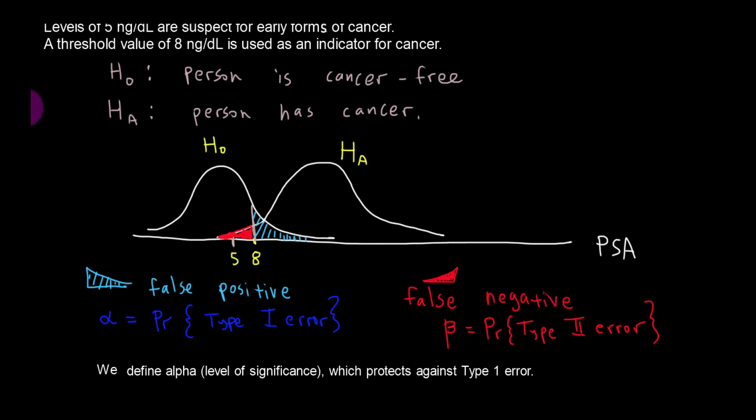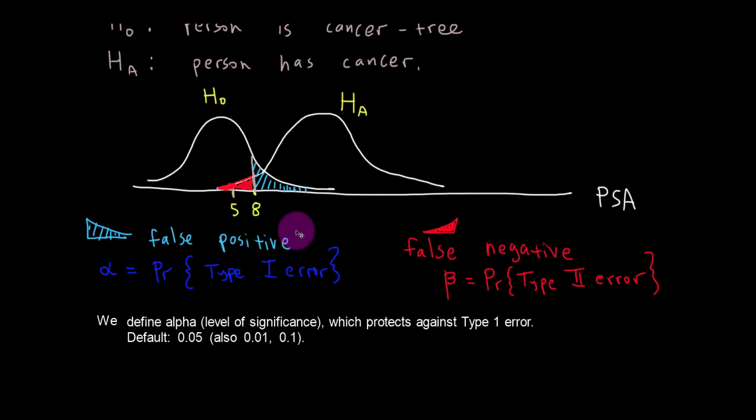If the consequence is very severe, maybe more severe than a false negative, then you might want to make your alpha small, right? The default is 0.05, but we often also use 0.01 and 0.10. Those are all typical values.